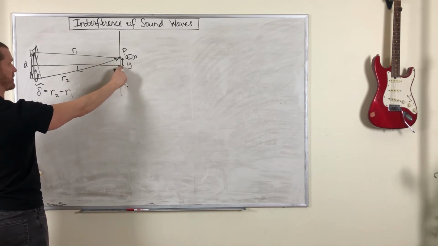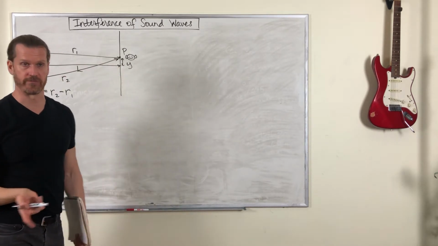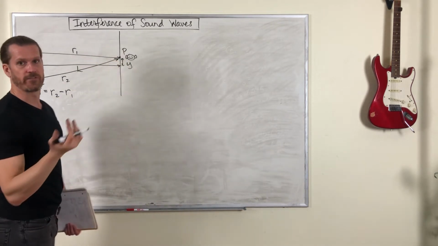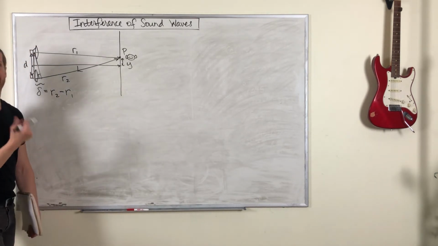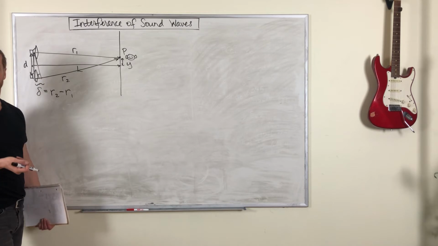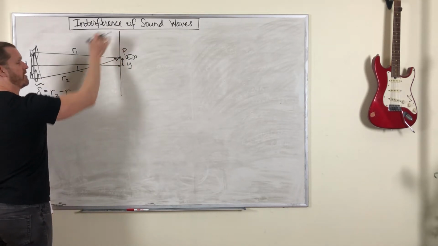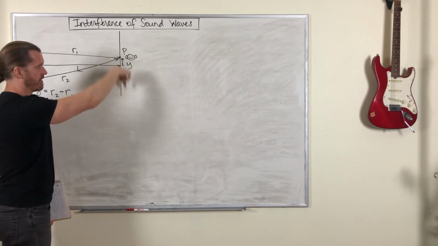Because you can imagine that if the listener's right in the middle, they're going to experience constructive interference. But as they move away from the midpoint, they'll experience some regions where this path length difference will be half integer and they get a quiet sound, and then it'll go back to being integer and they'll get a loud sound. And it keeps alternating as they move farther away from that midpoint. Same thing would happen if they moved in this direction.